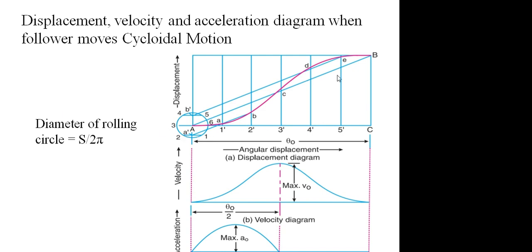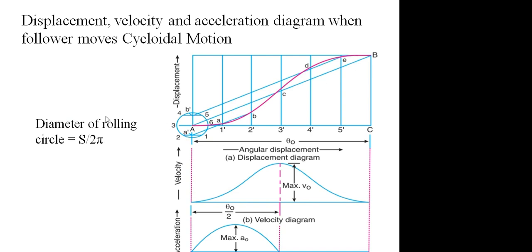That curve is the cycloid. For the outstroke of the follower, the displacement diagram, velocity diagram and acceleration diagram are shown here. Now how to get the diameter of that rolling circle? On the x-axis you have to take the angular displacement of the cam, and on the y-axis the lift or stroke of the follower in mm.